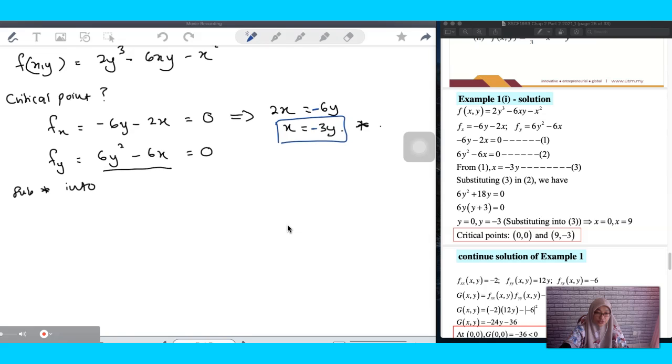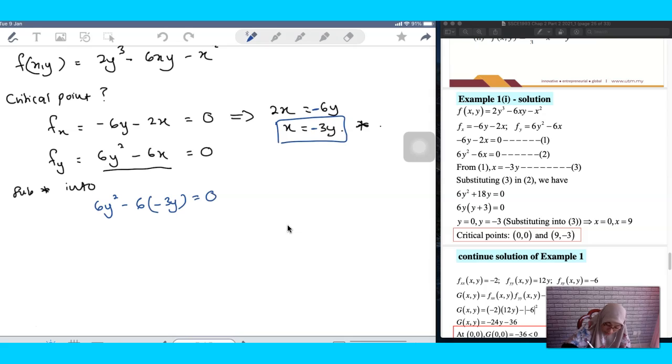We substitute this into the other equation. So you will get 6y squared minus 6 times minus 3y equal to 0. So you have 6y squared plus 18y equal to 0.